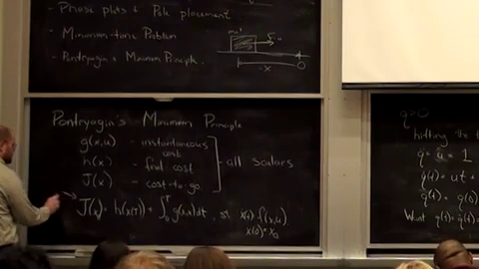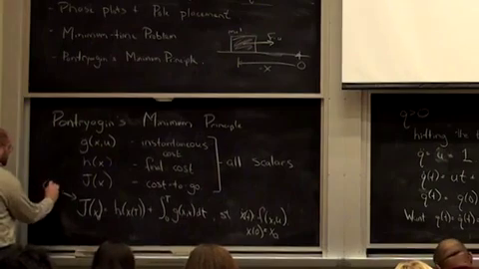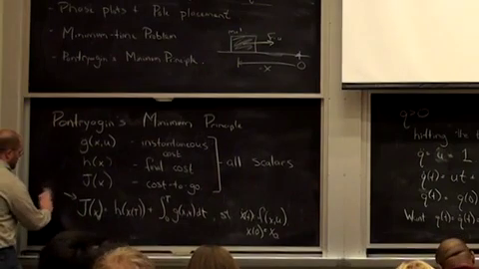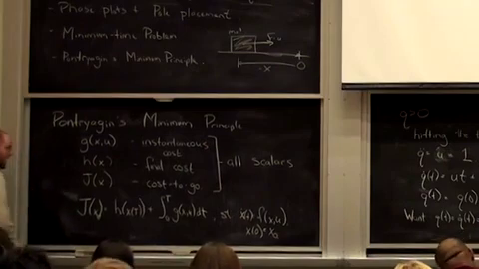This is a general cost function, sort of cost to go function form for optimal control. We're going to use it a lot.